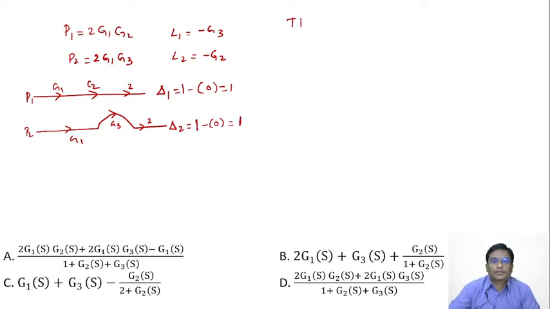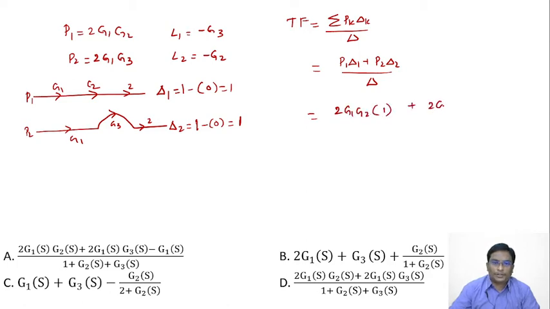Then what is the transfer function? Sigma Pk delta k divided by delta. Here there are only two paths: P1 delta 1 plus P2 delta 2, divided by delta. P1 is 2 G1 G2 with delta 1 equal to 1, P2 is 2 G1 G3 with delta 2 also 1, divided by delta.